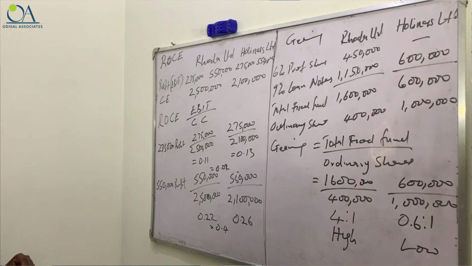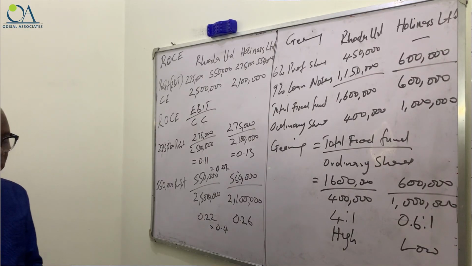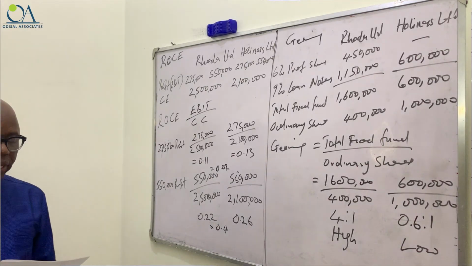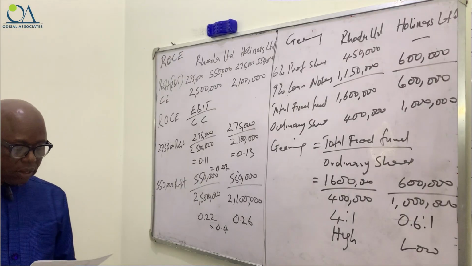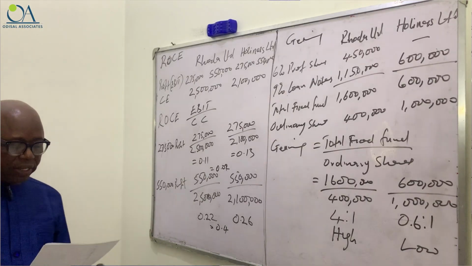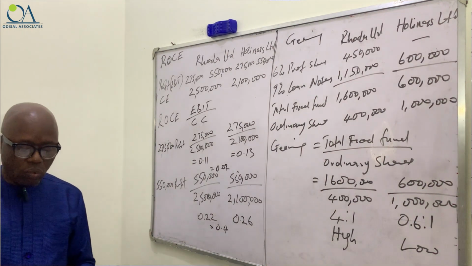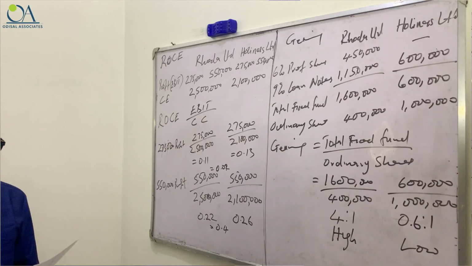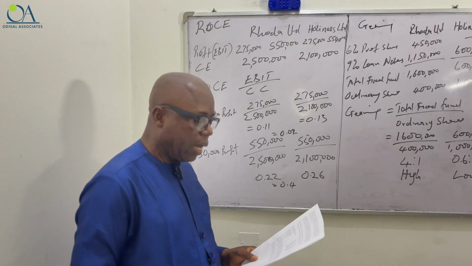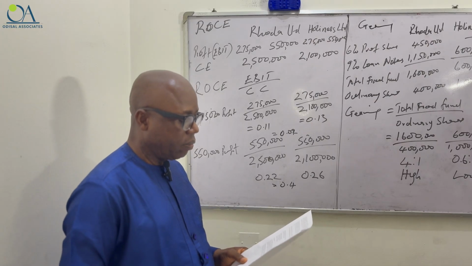Okay, so here we have been given profits before interest and tax, profit before loan note interest and tax, which is 275,000 and 550,000.